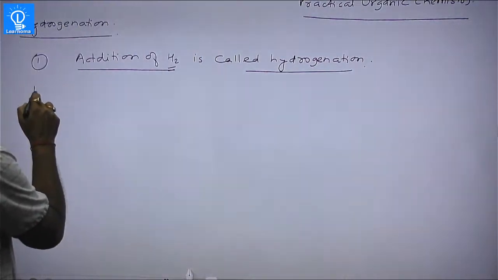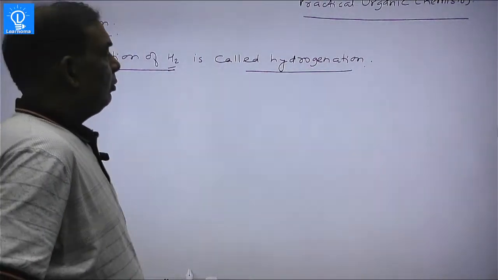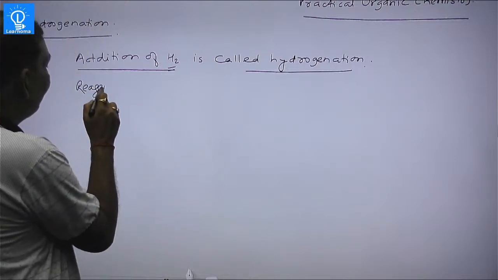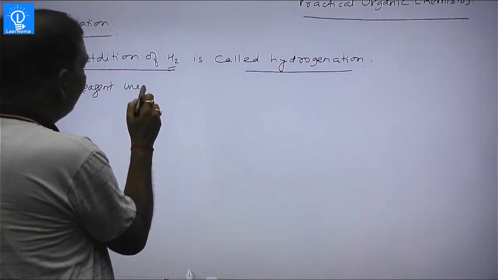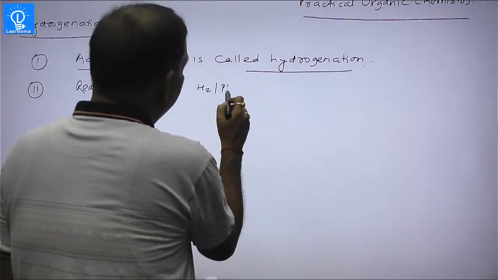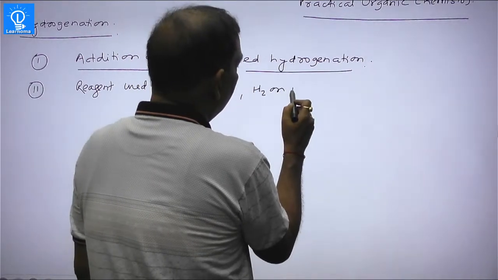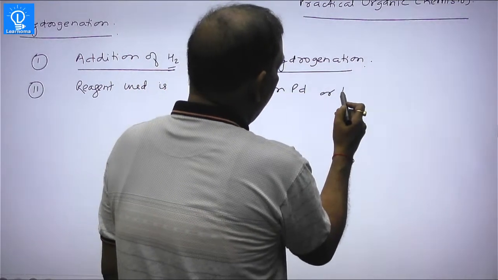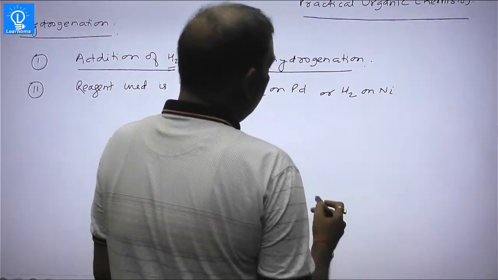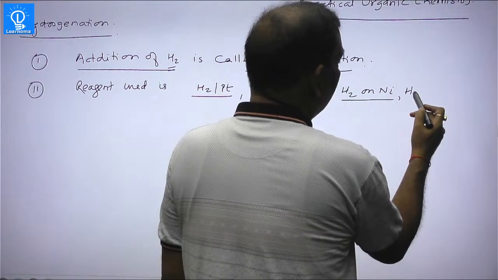Second, point number 2. The reagent used: H2 on platinum, or H2 on palladium, or H2 on nickel, or sometimes people also say H2 Raney nickel. It hardly matters.